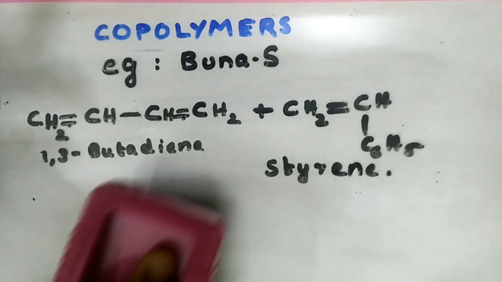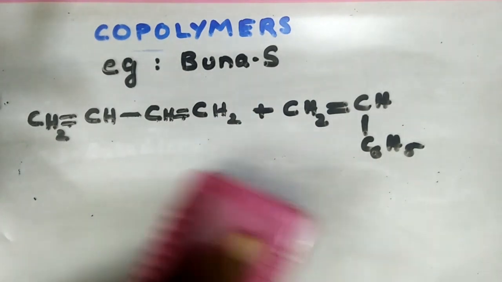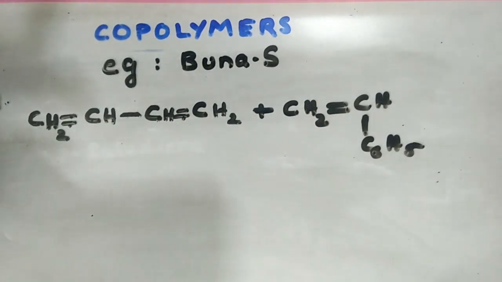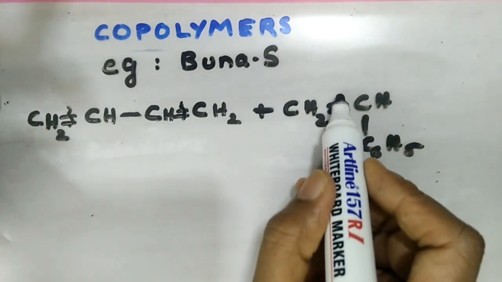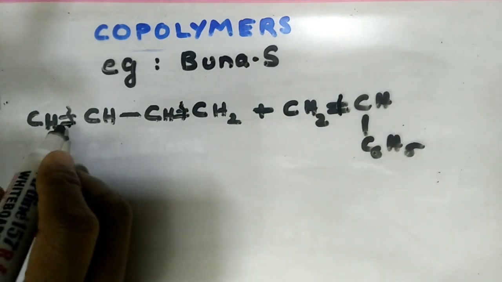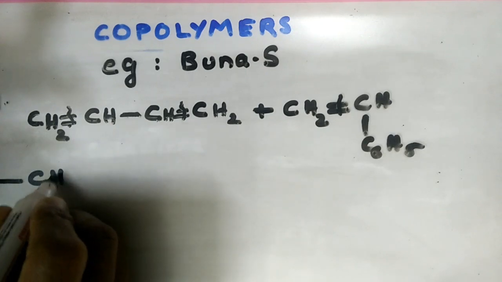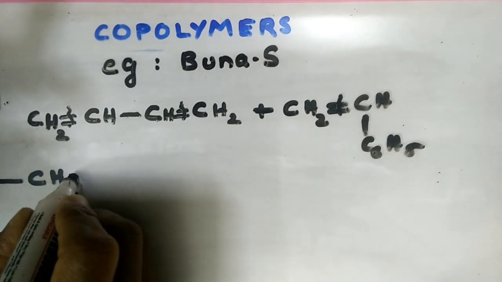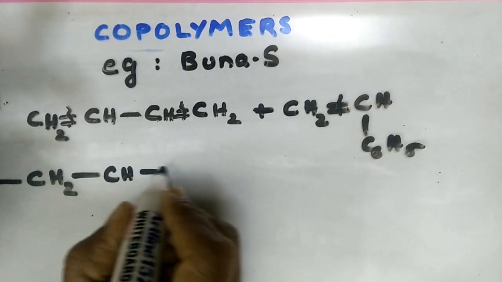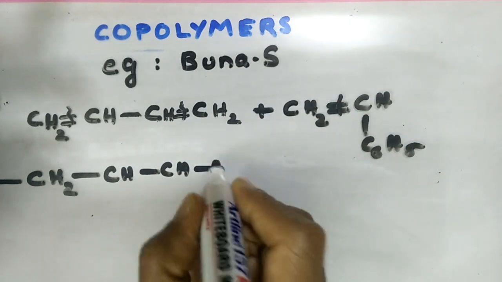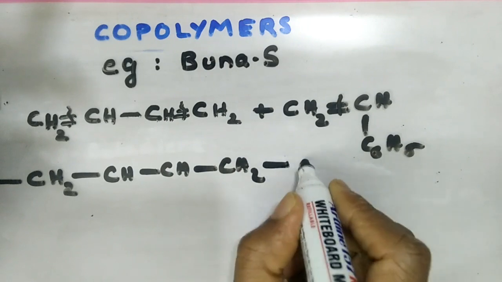On adding these two, the double bond is there, so simply the addition reaction will take place by breaking the double bond. This bond breaks, this also breaks, this also. So you get here, you have to draw this valency as such, the fourth valency like this way, then CH, single bond CH, here also the bond breaks, and CH2 makes a bond with this carbon atom, so CH.